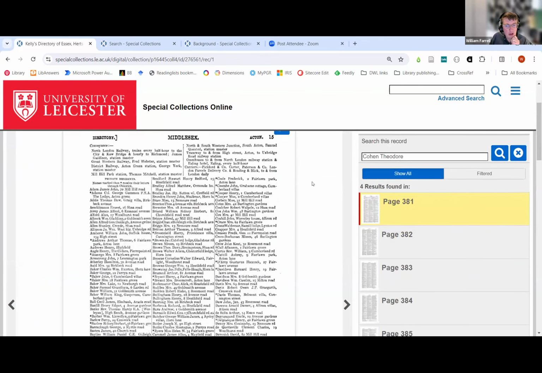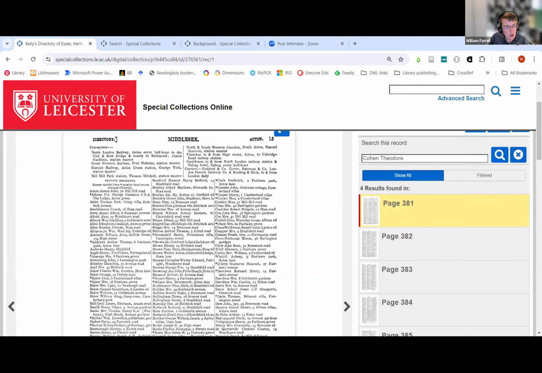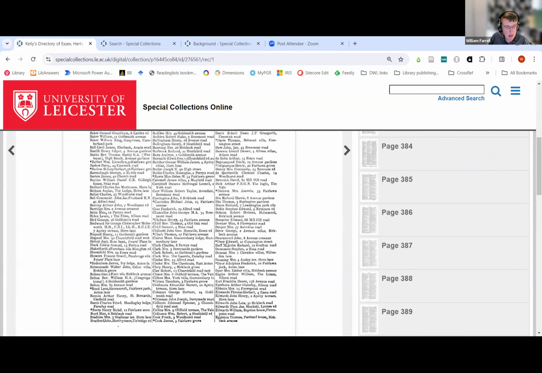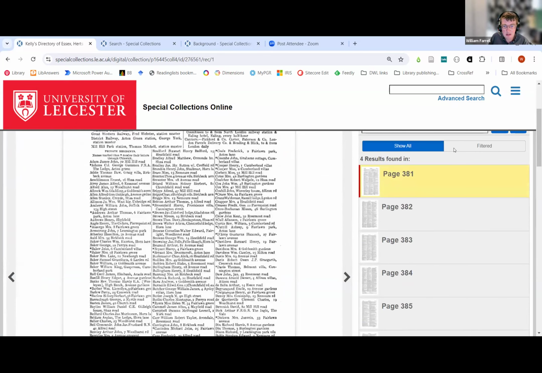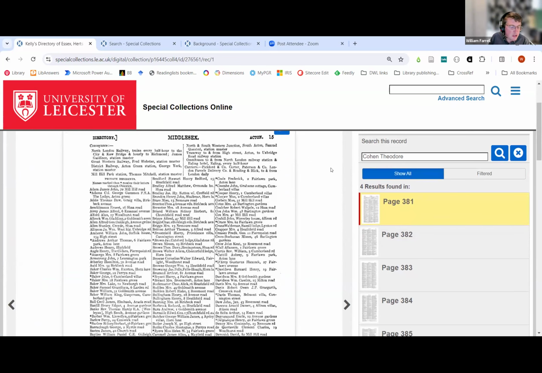When it loads the results, the page that appears will be the first page that the words appear on. It won't highlight those words on this viewing, and I'll talk about that in a second. It tells us there are 4 results in this directory. And up here in this search box, it confirms what the words we've searched on are. Because the directories are so long, you can get a bit confused here.